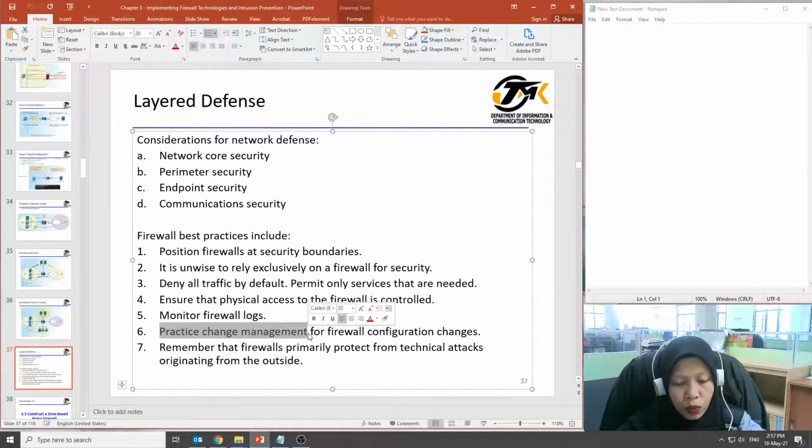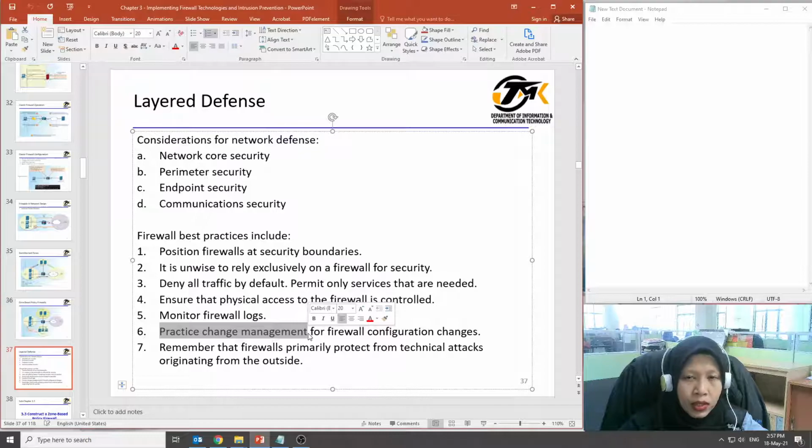All this will require changing the firewall configuration. To do the changes, you cannot just simply say, oh, I want to change it like this. No, this is not good. Because if anything happens because of the configuration change, you cannot detect which firewall change caused the problem. So you need to have change management.